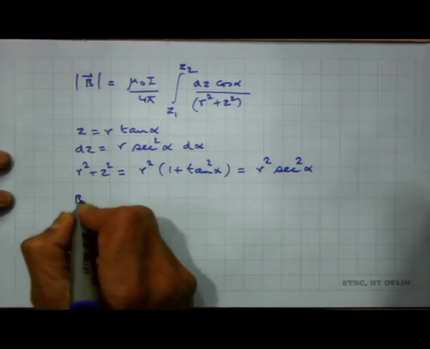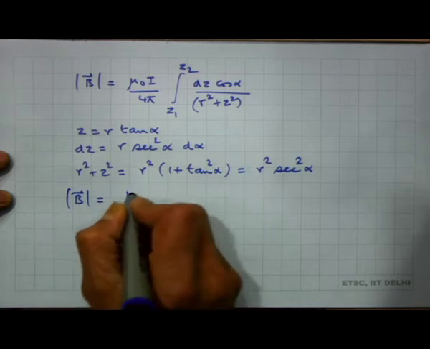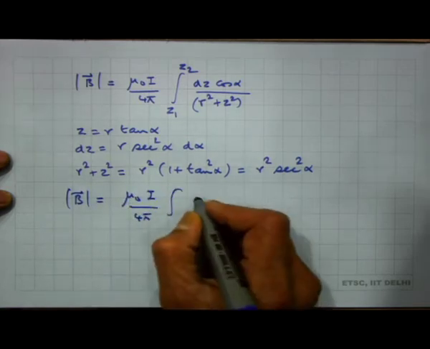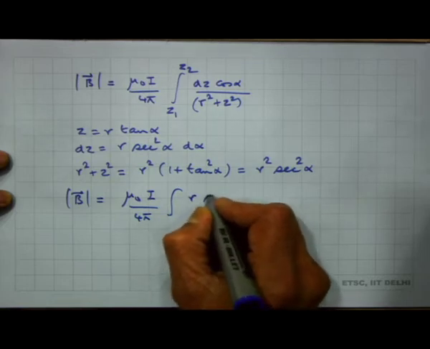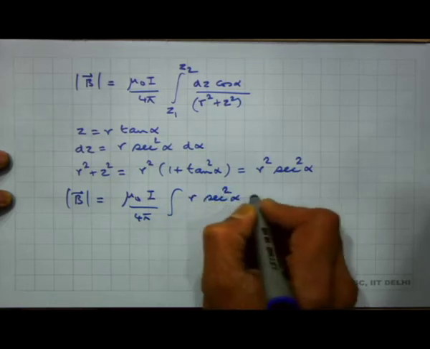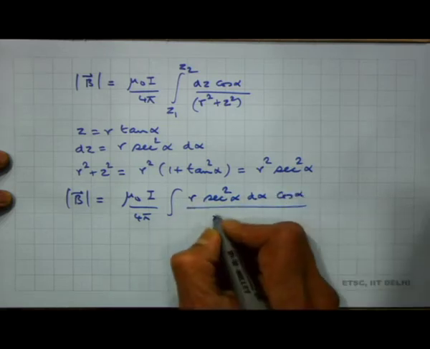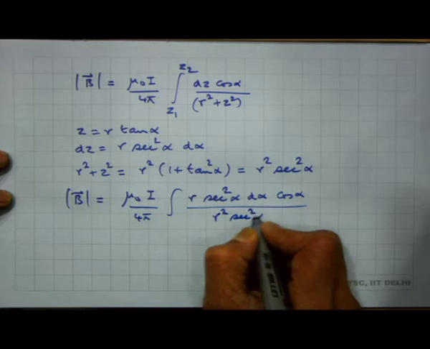So, magnetic field magnitude is mu naught I by 4 pi integral, so, dz is r secant square alpha d alpha cos alpha by r square secant square alpha.